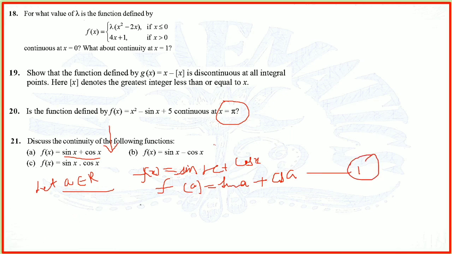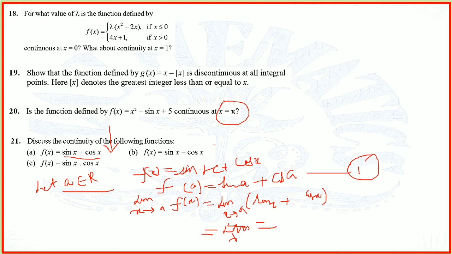Then second is limit x tends to a f of x, which is equal to limit x tends to a sine x plus cos x. Now we take the direct limit here, so we get sine a plus cos a. So this is equation number 2.